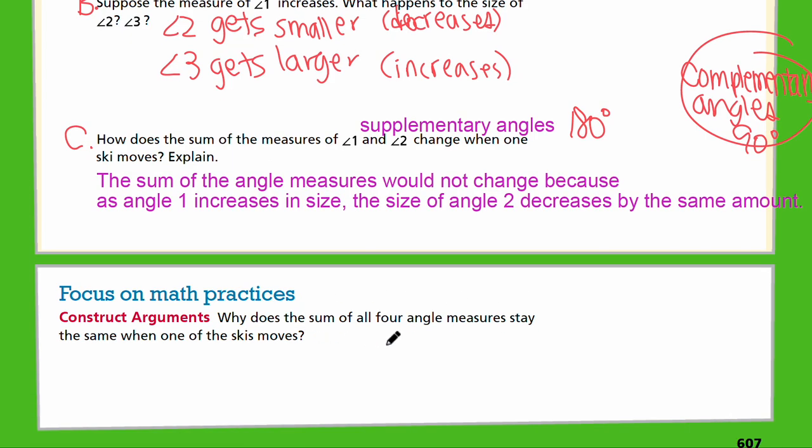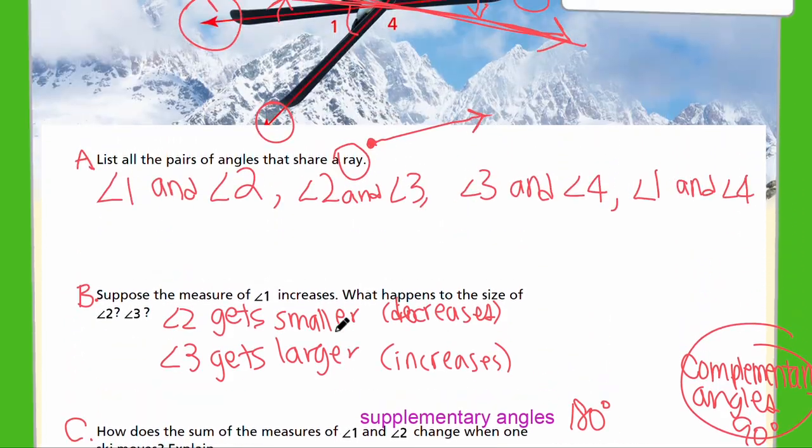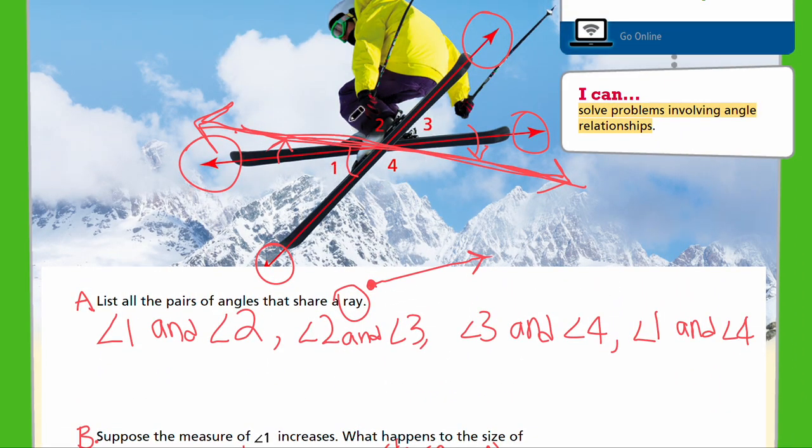Let's look at Focus on Math Practices. Why does the sum of all four angle measures stay the same when one of the skis moves? Why do all these sums stay the same no matter how the skis move? Because that's like the biggest angle you can have for a circle.